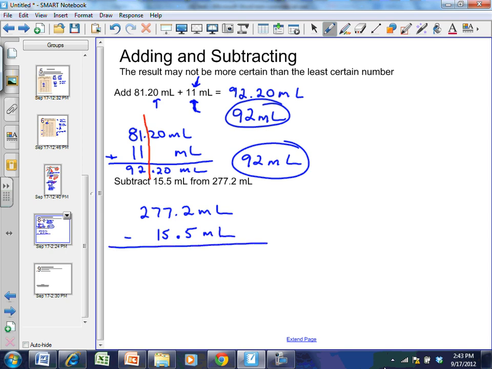As far left as I can go in the first number is the tenths place, and as far left as I can go in the second number is the tenths place. So I'm providing my answer to the tenths place. 277.2 minus 15.5, and I get 261.7 mils.